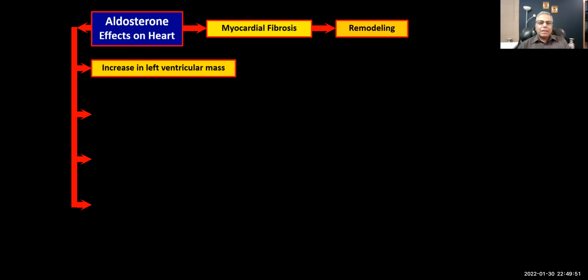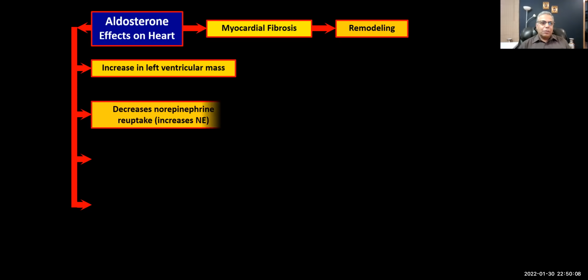This is an increase in extracellular matrix like glycosaminoglycans and proteoglycans, right? Hyaluronan, chondroitin sulfate, heparan sulfate, these are glycosaminoglycans which are deposited in the extracellular matrix.